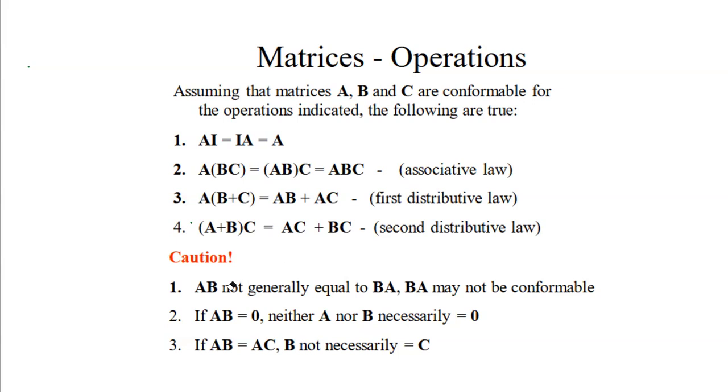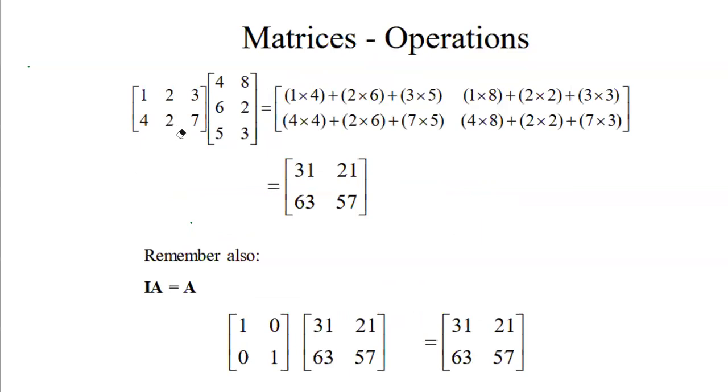Okay. And here they're telling you something about matrix multiplication: it may not be commutative because, as they say, they're not conformable, right? And just before, I think it was the previous one. These here, right?